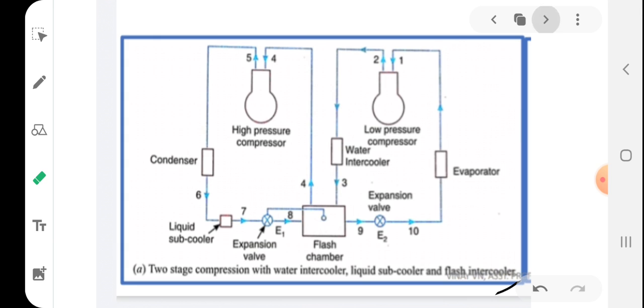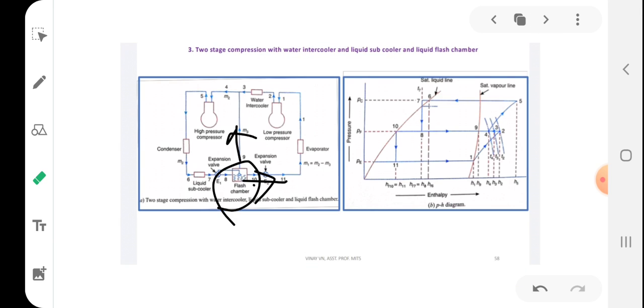And a very important difference is that in the third type you can see that a water intercooler is used after the first stage compression, and when the refrigerant passes through the water intercooler it gets cooled to state 4, right? But 4 is still outside the saturated vapor line, which means it is still in the superheated state.